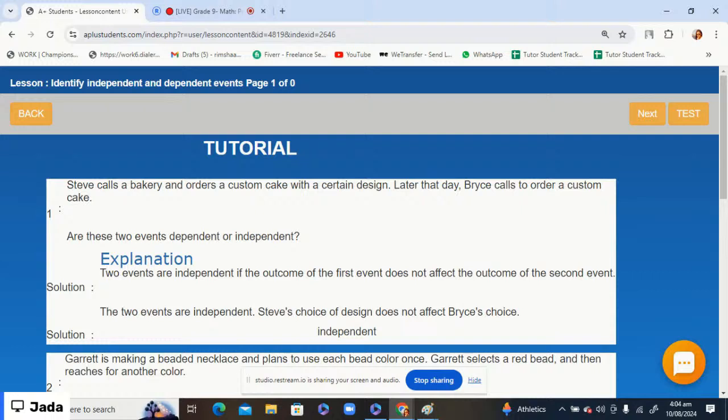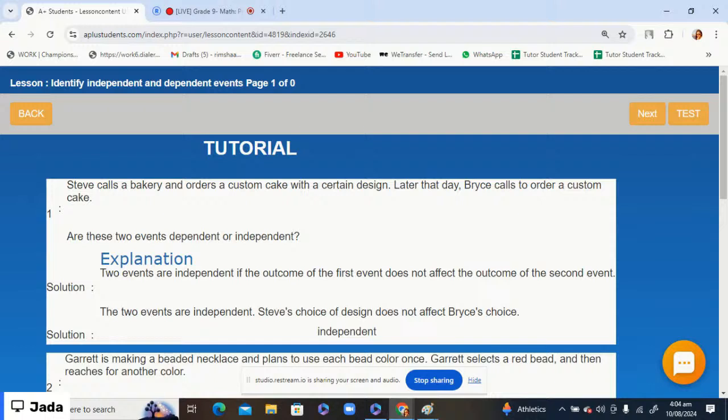So now, Steve calls a bakery and orders a custom cake with a certain design. Later in the day, Bryce calls to order a custom cake. Are these two events dependent or independent? Two events are independent if the outcome of the first event does not affect the outcome of the second event.